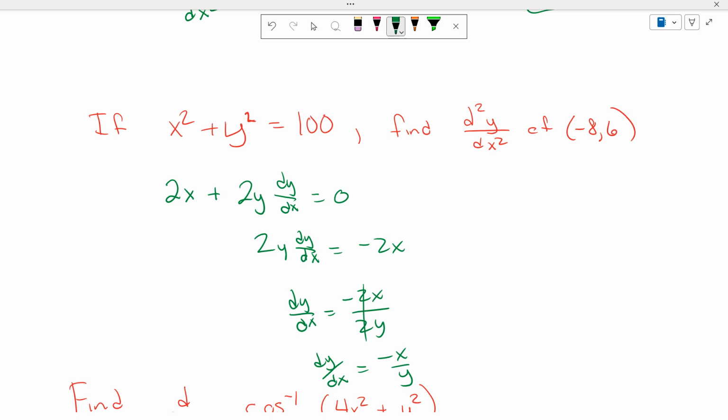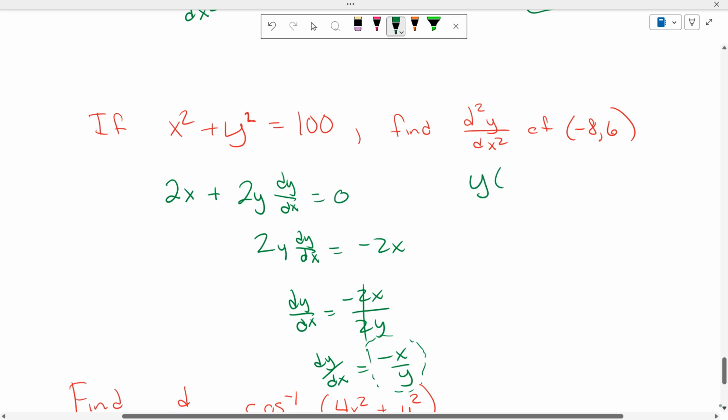Now let's do the second derivative. The second derivative of this is the quotient rule of this. So it's y times first derivative of negative x, which is negative 1, minus negative x times the first derivative of y, which is dy dx, over y squared.